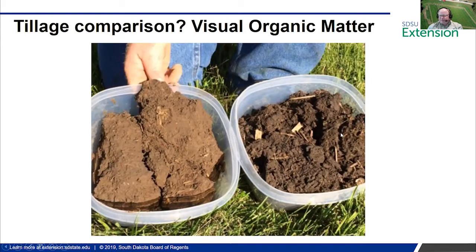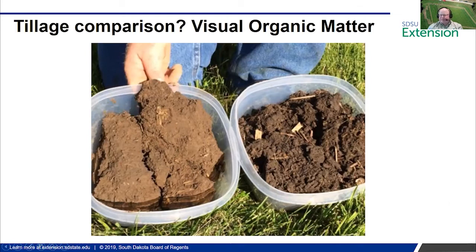But you can also see that the one on the right is very crumbly. It's aggregated very well, and it falls apart like that native prairie, okay? And the one on the left is massive. It doesn't have that crumbly nature. The tillage has wrecked its soil structure, and it doesn't have the porosity that the one on the right does. So there's the importance of organic matter.